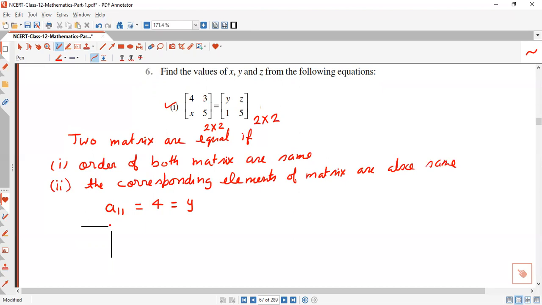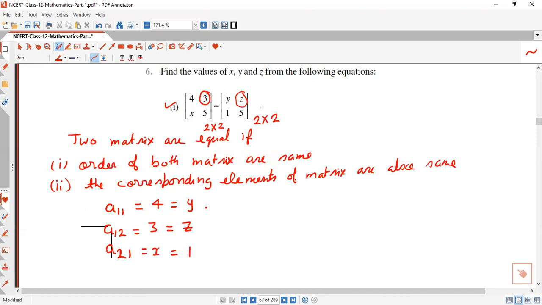Second, the A12 element in both matrices must be the same. First row, second column element 3 must be equal to z, because these two matrices are equal. So 3 equal to z. Then A21, second row, first column element x, must be equal to 1.